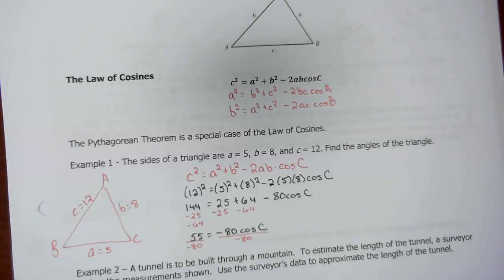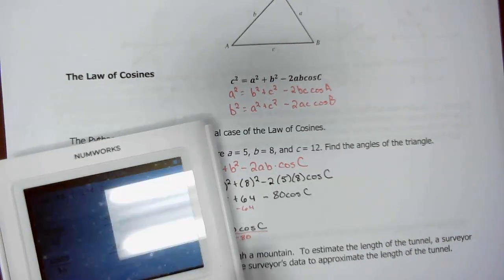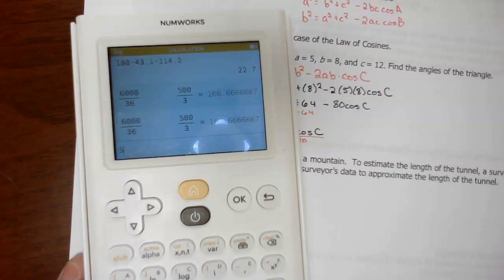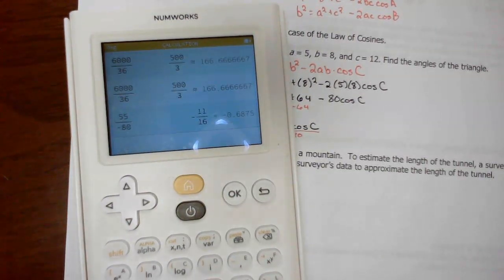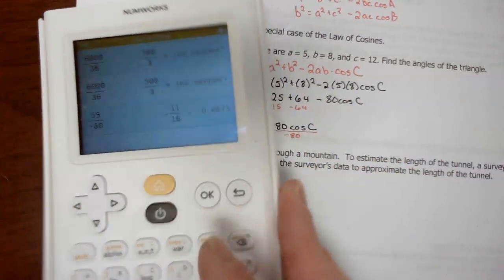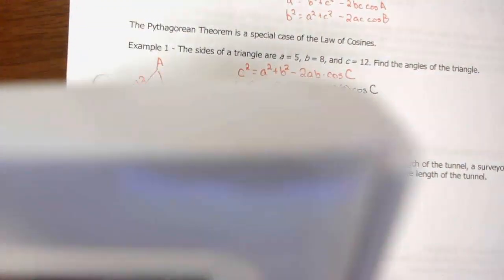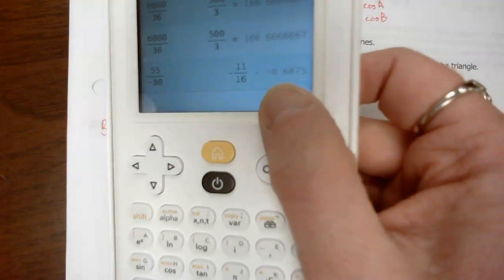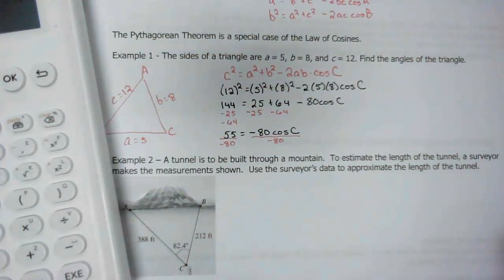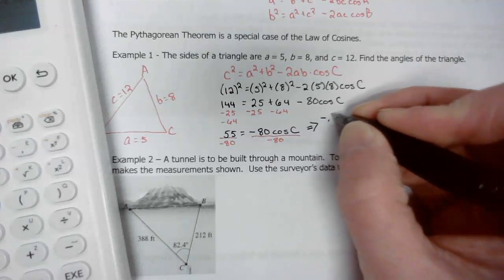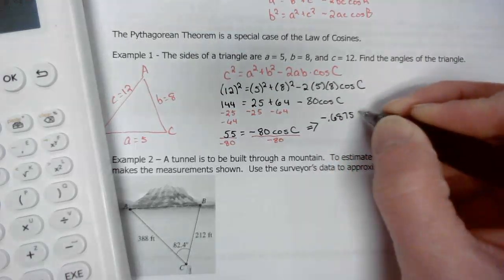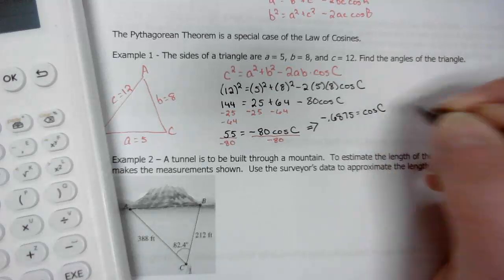So I have 55 divided by negative 80, which, let me grab my calculator, is negative 0.6875, and that's what equals cosine of C.